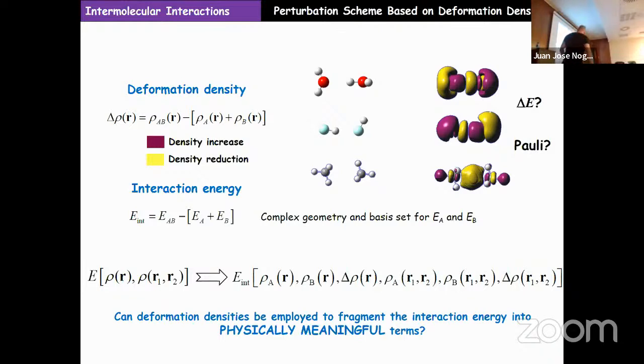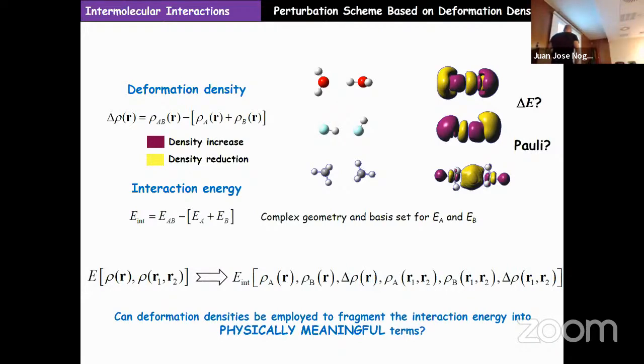You know that the Hamiltonian is constructed with one electron and two electron terms, and the energy is then a functional of the one electron density and the pair electron density. From the one electron density, we obtain the kinetic energy and the core attraction, and from the two electron density, we obtain the exchange, the Coulomb repulsion and the correlation.